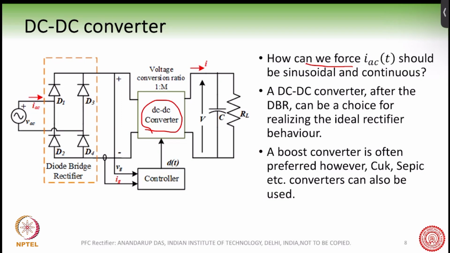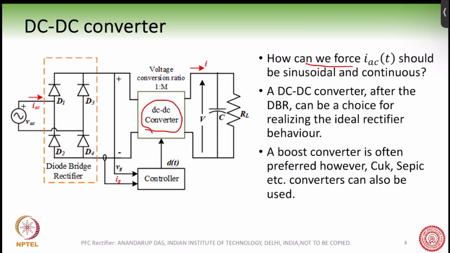The other technique that we had earlier seen was to force this current through the DQ analysis. For single phase application, at low power level it may be more advantageous to use this type of circuit with a DBR and a DC-DC converter.